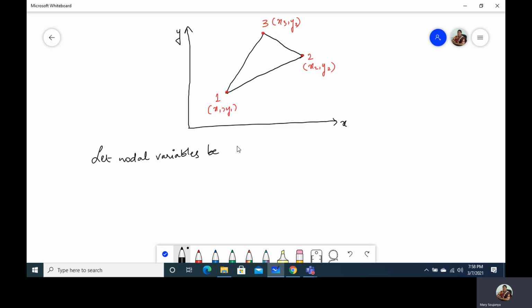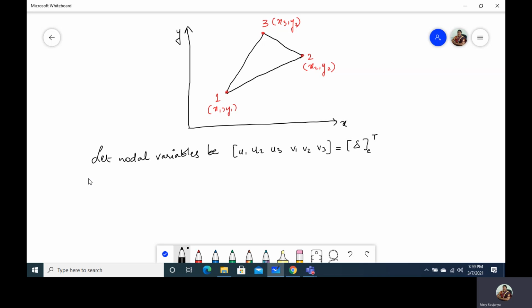So let the nodal unknowns be u1, u2, u3, v1, v2 and v3. Let this be the nodal unknowns. Alright, so we will call this the nodal displacement matrix.